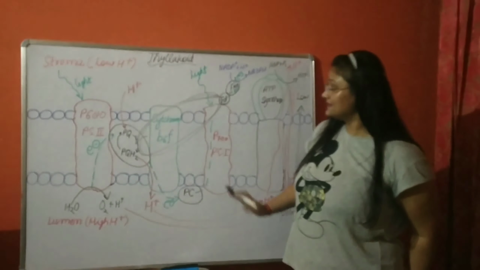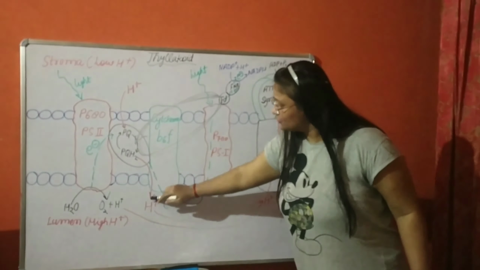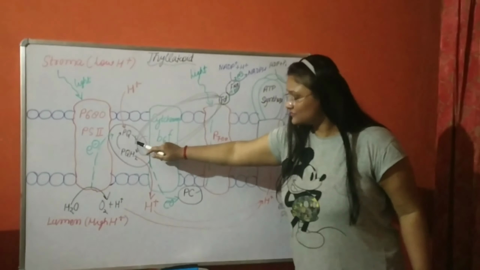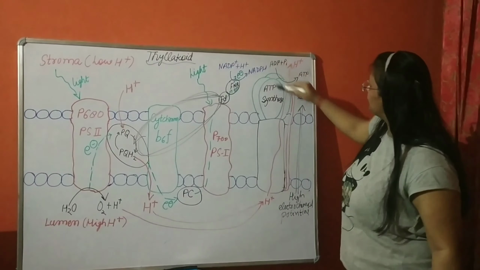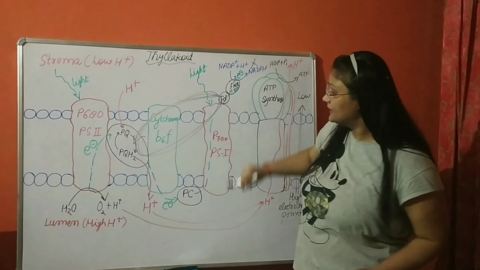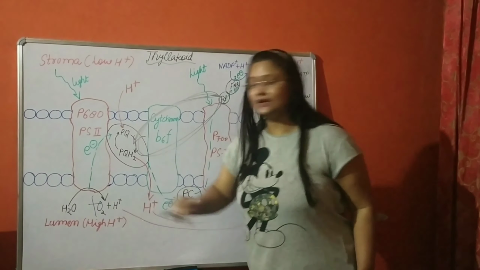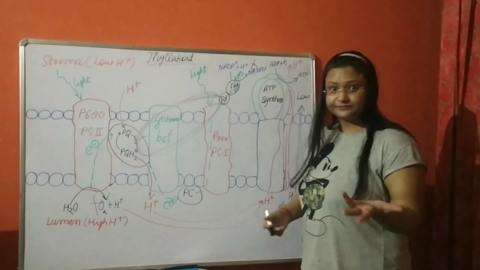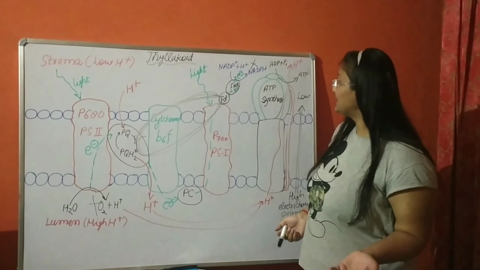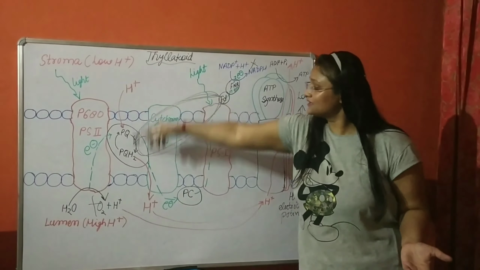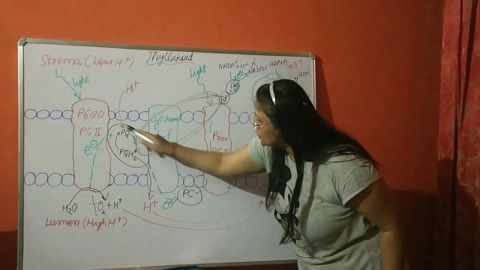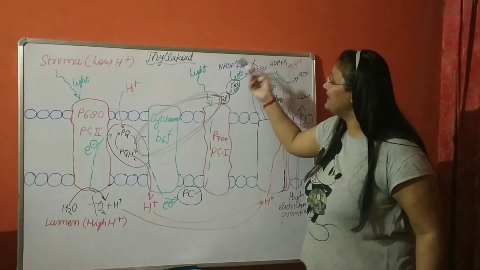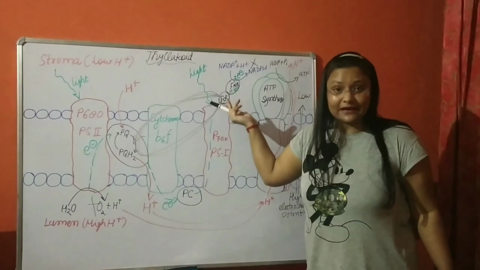So in this case, since H plus will be pumped by PQ to the cytochrome b6f complex, ATP will still be formed, but this phenomenon will not occur. Neither splitting of water with further oxygen release will occur, because only H plus is being pumped. Further electron is not coming. If electron will not come from here, then how will NADP plus be reduced to NADPH?